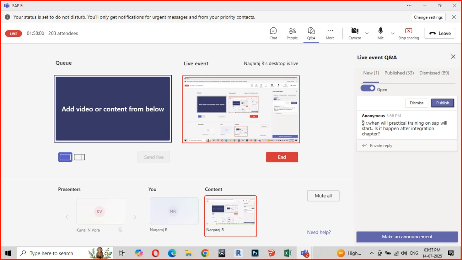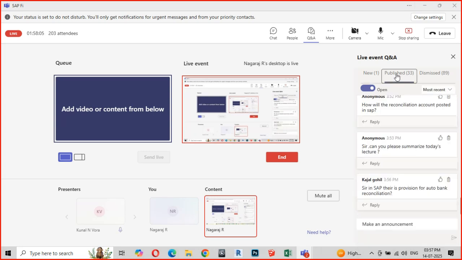I hope I have answered that question regarding the bank reconciliation. Obviously, you're using the SAP system to automate the process. Kajal has asked me regarding the auto bank reconciliation. Yes, it is very much automated.